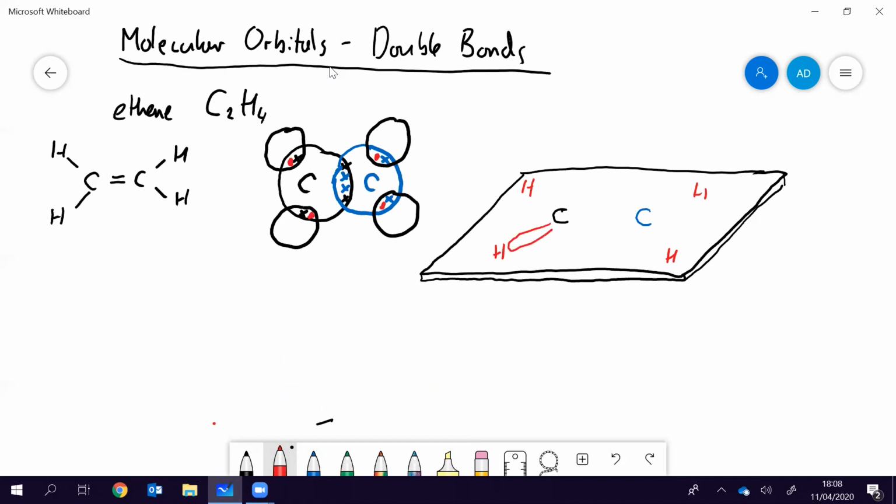We've seen them before, so you've got that sort of shape there, and this one here. And each of those molecular orbitals has 2 electrons, one from the hydrogen, one from the carbon. Now, between the carbons, one of the molecular orbitals is just what we've been used to, that kind of shape. And that's actually called a sigma bond.